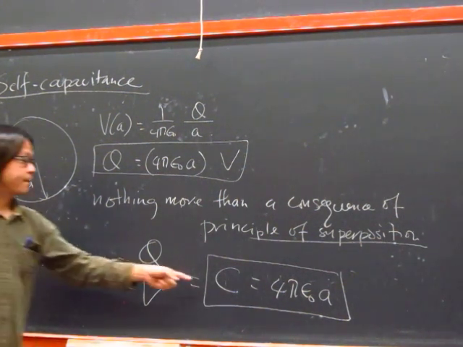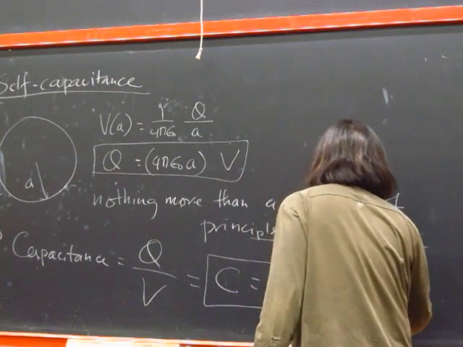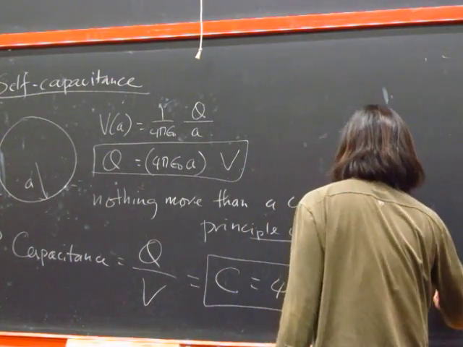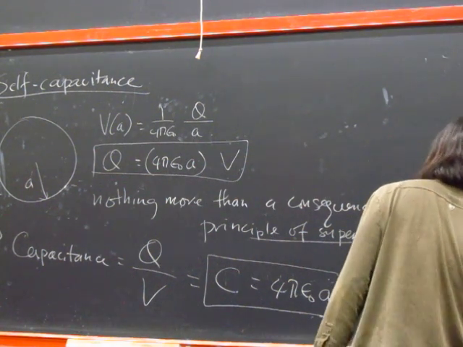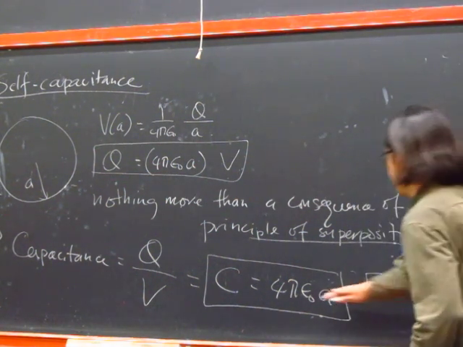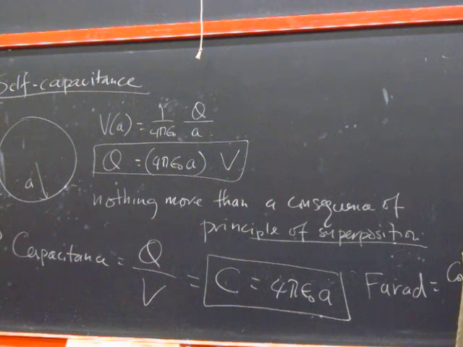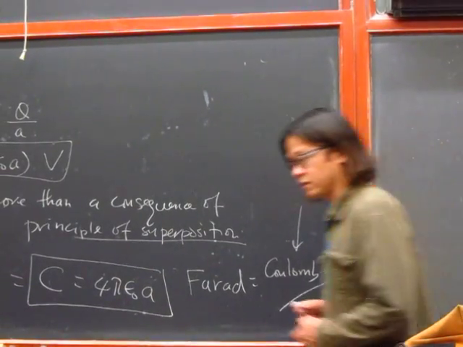The unit is called farad, and it's basically Coulomb per volt. It's not quite obvious how to see the shape and the size. We talk about Coulomb, this is from Coulomb's law, and volt is the unit of potential.